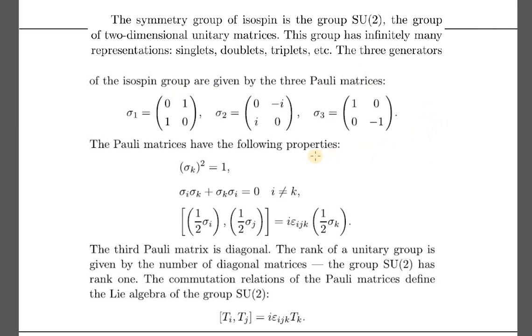Now these Pauli matrices, sigma 1, sigma 2, sigma 3, have the following properties, which I have again written down here in this form. The third Pauli matrix, important to note, is diagonal. The rank of a unitary group is given by the number of the diagonal matrices. So, in this case, the group SU2 has rank 1. The commutation relations of the Pauli matrices define the Lie algebra of the group SU2. This is the thing here.